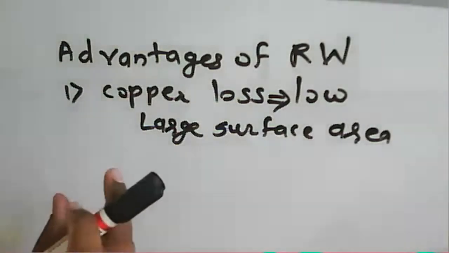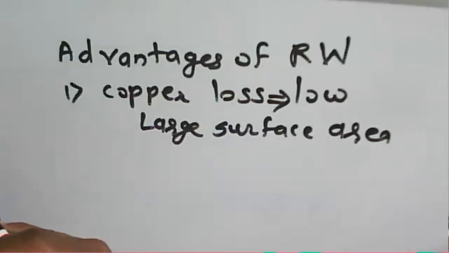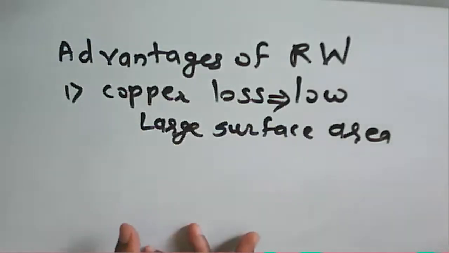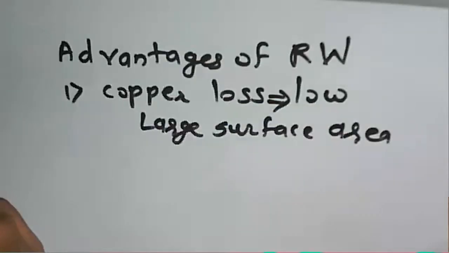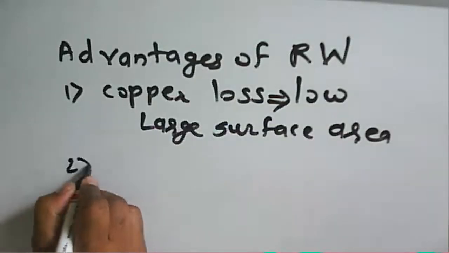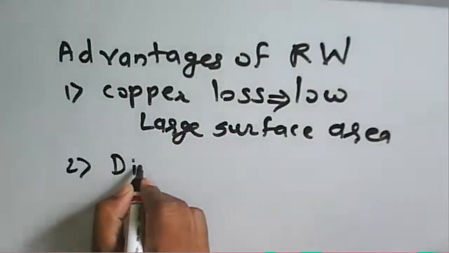So it is considered that only a small layer is used for wave propagation. That's why it reduces the losses. Then another loss is the dielectric loss.